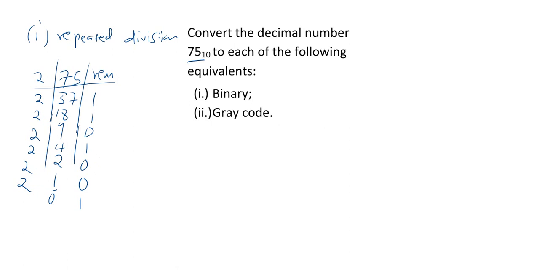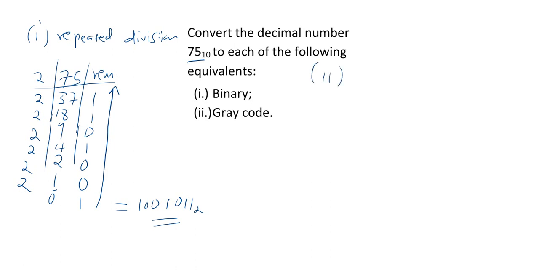After that, the binary equivalent is written from the bottom upwards. So the binary number here will be equal to 1001011 base 2. So that is how we change it to binary.